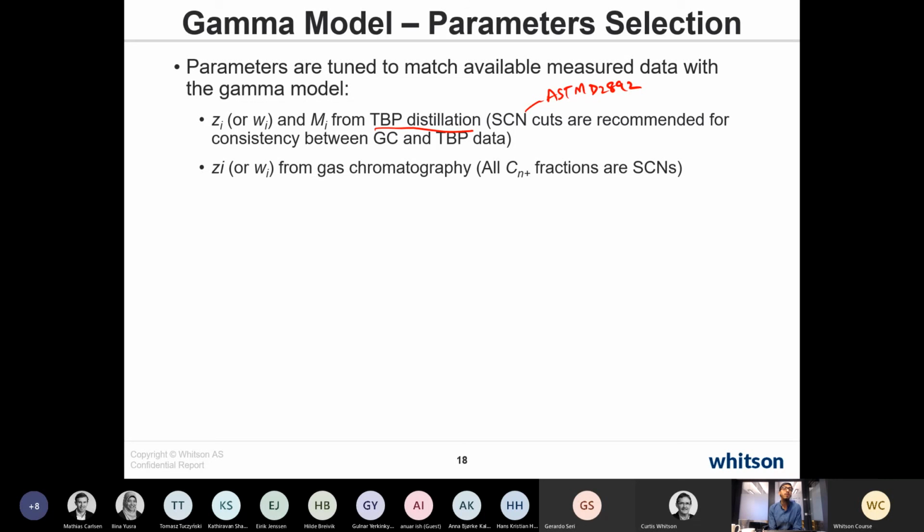For example, if you have developed equation of state models for the different fields, those models might have different components, like different lump components.